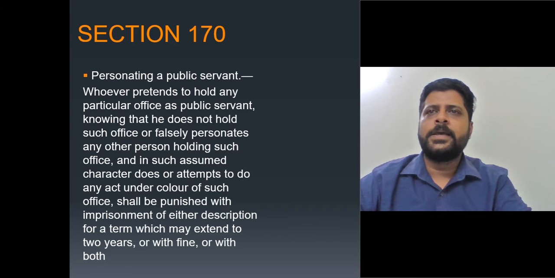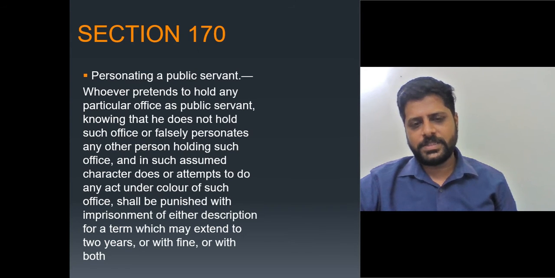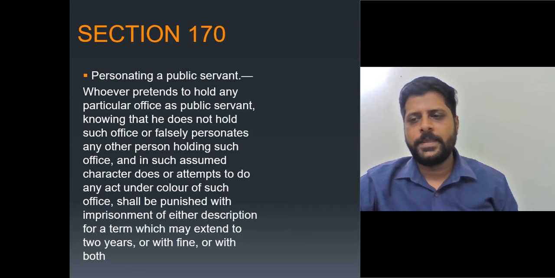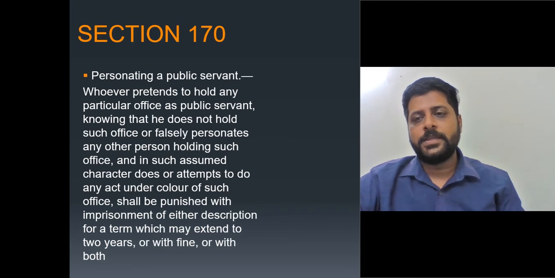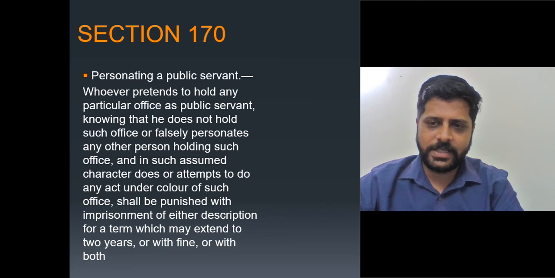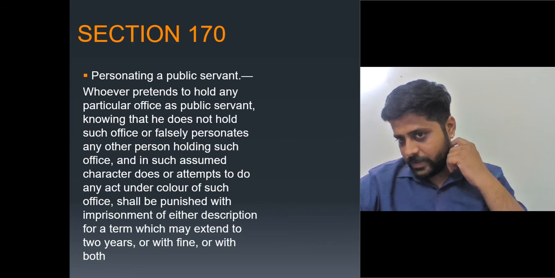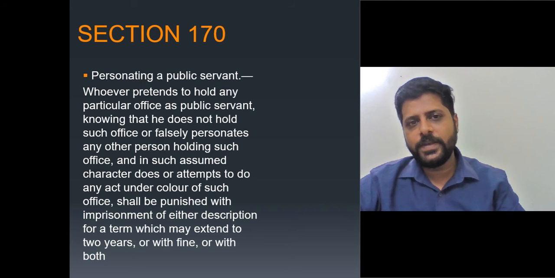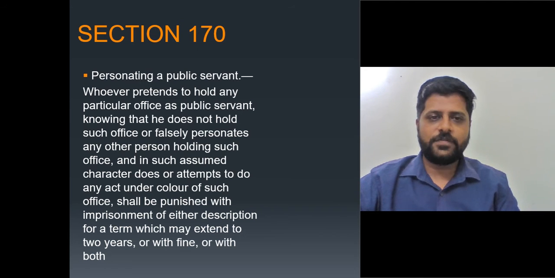You must have heard cases in the news many times that a person has said he is an IAS officer, or a police officer, or an income tax officer. The famous movie on personation, Special Chabbis, was a movie of Akshay Kumar and Anupam Kher. You must watch it. It's a very nice movie, and it again talks about the personation of a public servant.